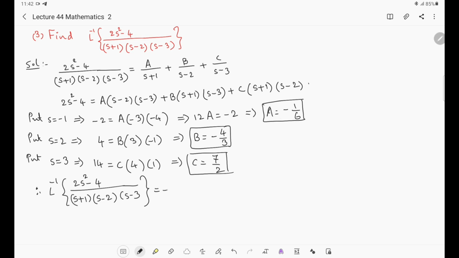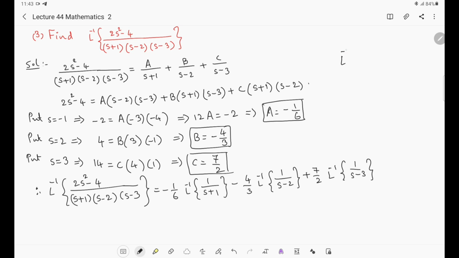Minus 1 by 6. So minus 1 by 6 into Laplace inverse of 1 by s plus 1. The same way, b is minus 4 by 3 into Laplace inverse of 1 by s minus 2. Then plus c, which is 7 by 2, Laplace inverse of 1 by s minus 3.